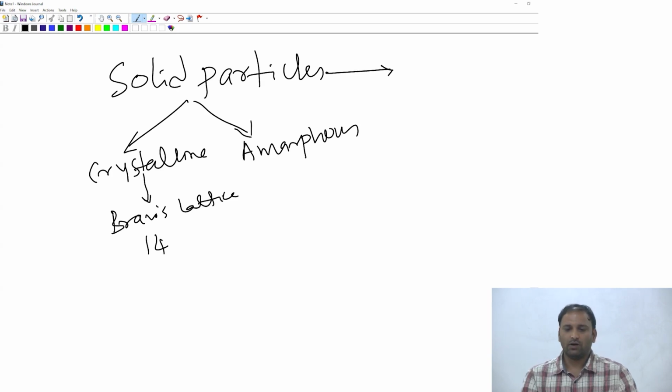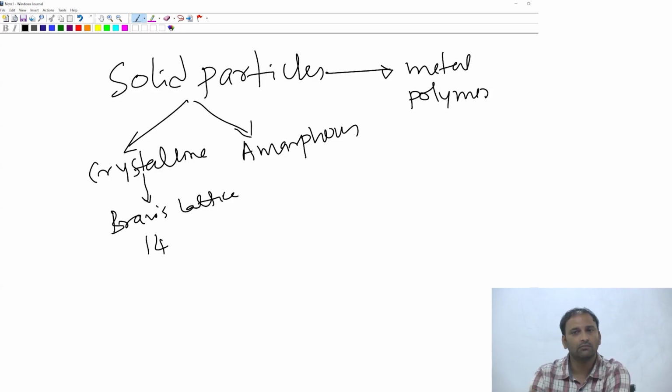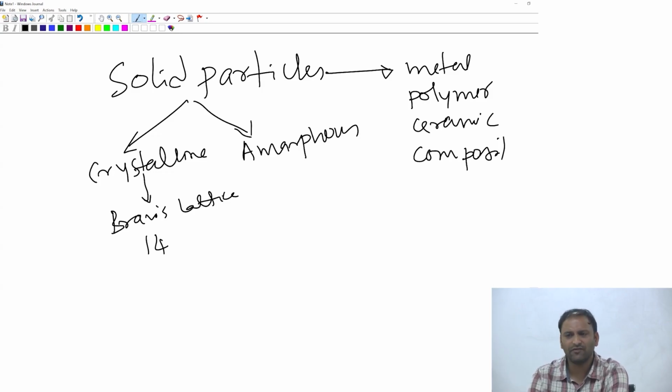When you think about solid particles, they could be made up of a metal, a polymer, or a ceramic particle, or some kind of composite as well. So this is a little bit of basics about what the particles are made up of.